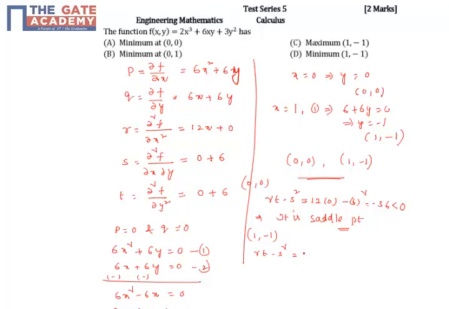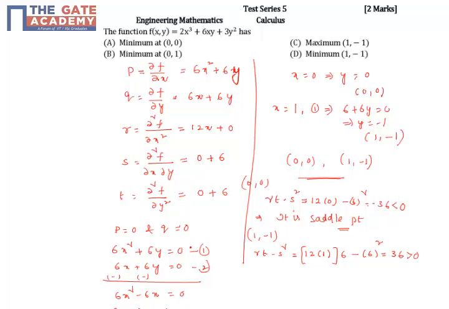R is 12x, so 12 into 1 is 12, this is r, s is 6, minus s square is 6 whole square. So this is 72 minus 36, so this is 36, which is greater than 0.